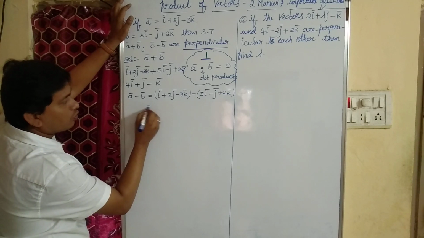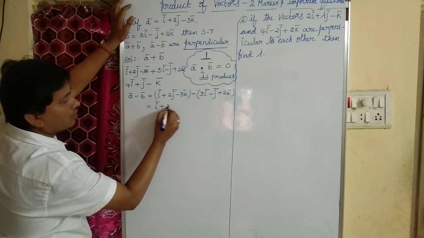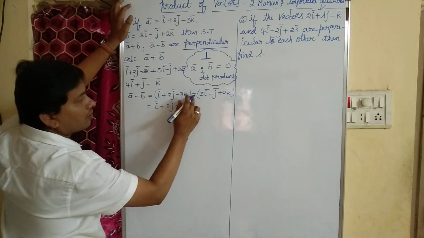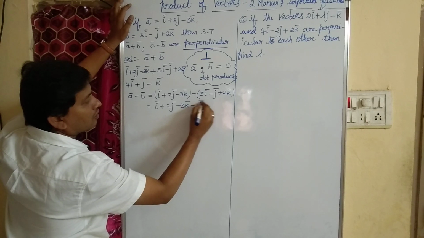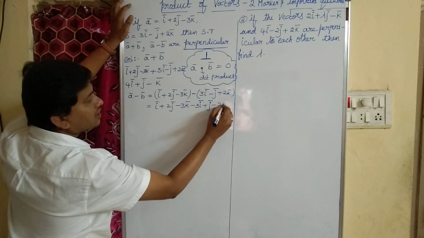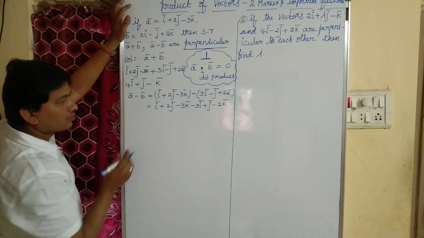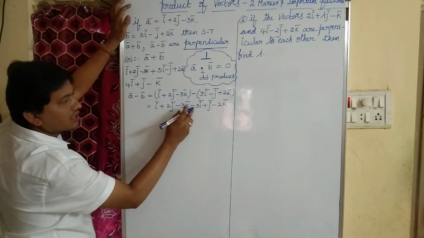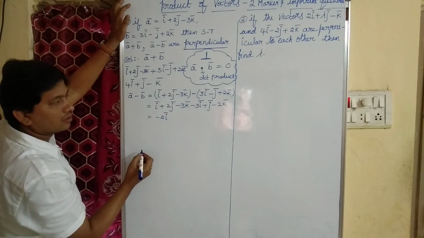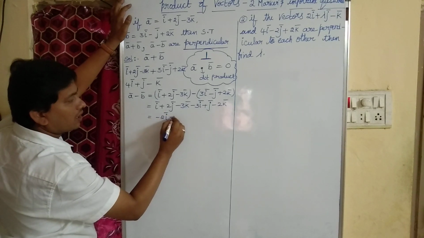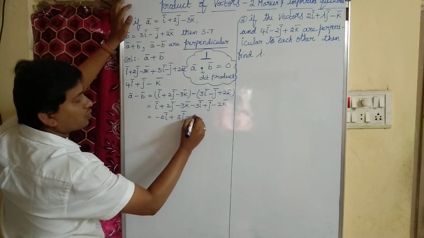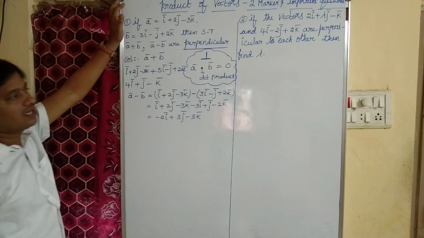Let us remove the bracket: I bar plus 2J bar minus 3K bar minus 3I bar, minus into minus plus J bar, minus into plus minus 2K bar. 1I bar minus 3I bar is minus 2I bar. 2J bar plus J bar is 3J bar. Minus 3K bar minus 2K bar is minus 5K bar.